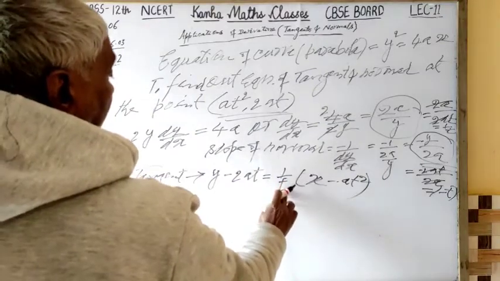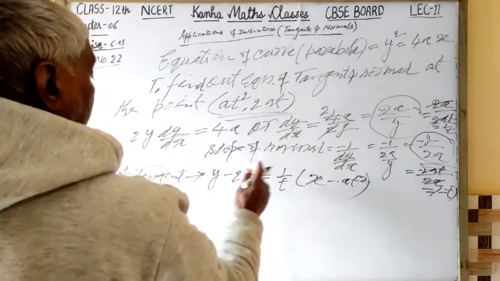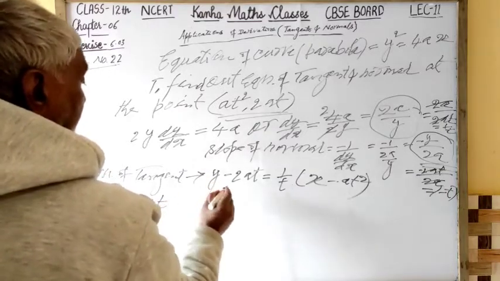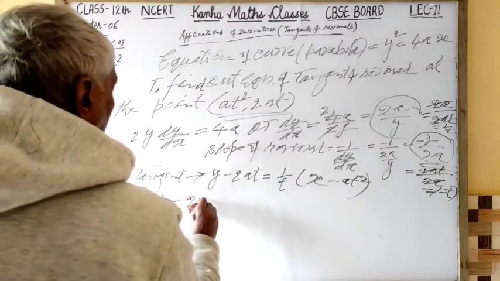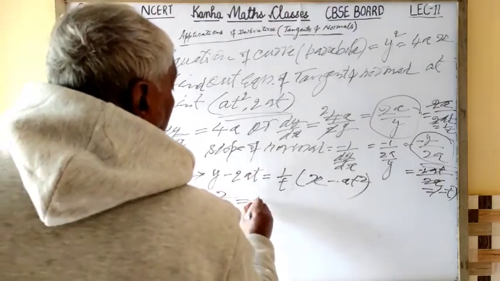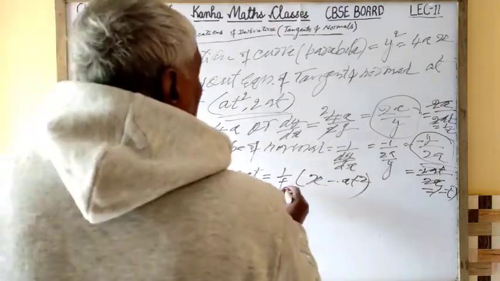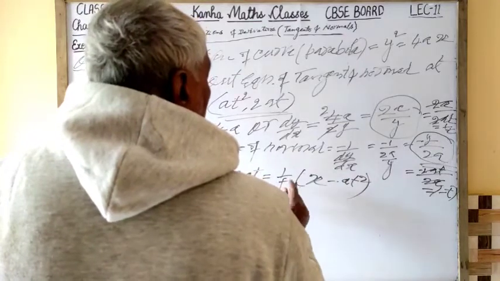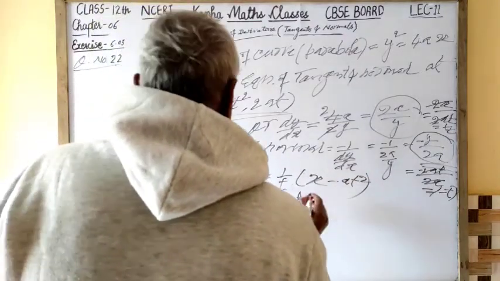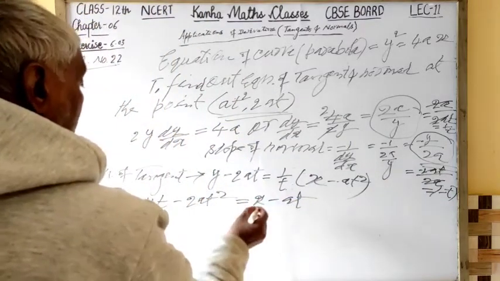Now by multiplying t on both sides, it means yt minus 2at square is equal to x minus at square, where at square by t means at.